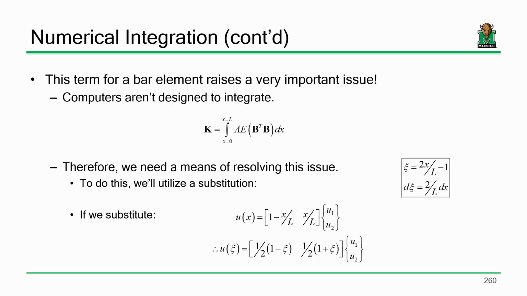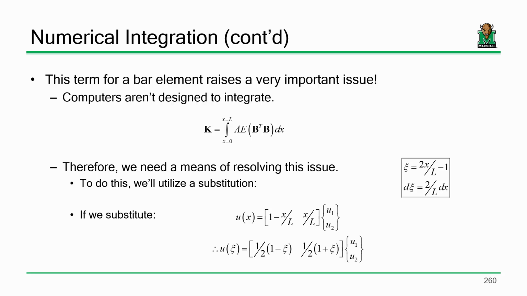Instead of expressing things as a function of x, I'm going to express them as a function of xi, this Greek variable that I made up. I made it up for a very specific reason. If I look at my region of integration in terms of x, I integrate from x equals 0 to x equals L.